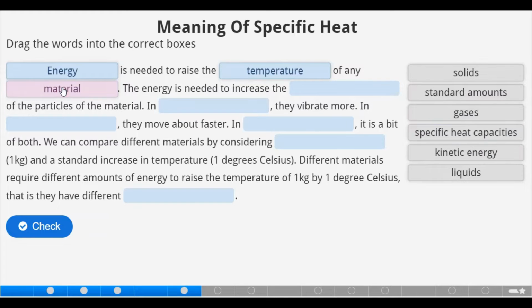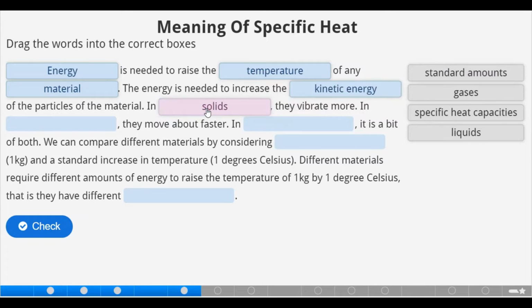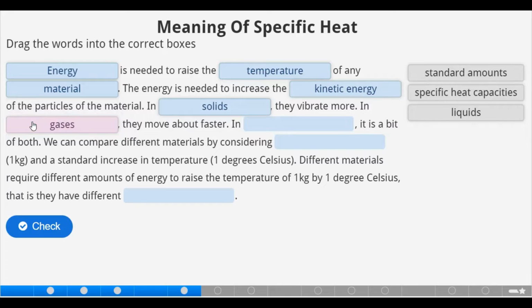The energy is needed to increase the kinetic energy of the particles of the material. In solids, they vibrate more. In gases, they move about faster. In liquids, it is a bit of both.